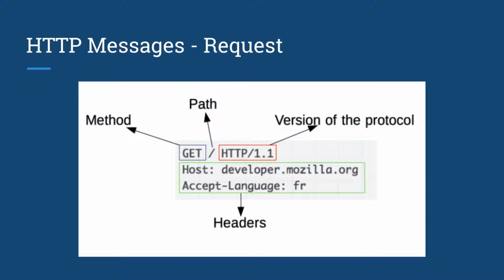And headers, so method, path, the version of the protocol, and headers. Headers contain additional information about the request or response, such as the host we want to fetch, the language, the content type, etc.